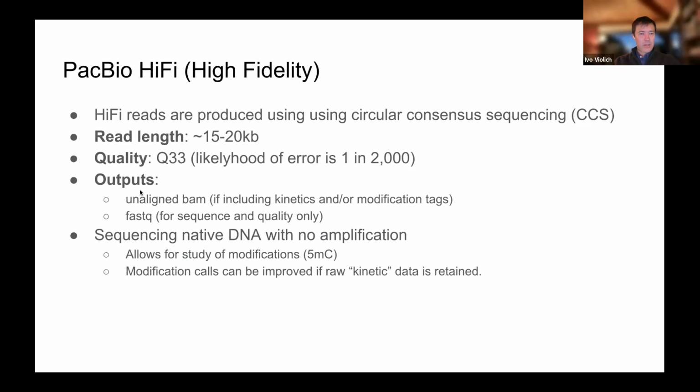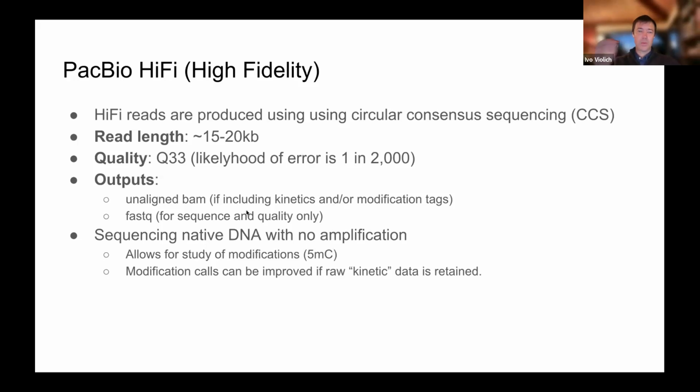The outputs that you're dealing with from PacBio HiFi data, or the format that you'd be using, is most likely unaligned BAMs or just FASTQ. The thing to remember about unaligned BAMs versus FASTQ is that in a BAM format, you can store a lot more information.